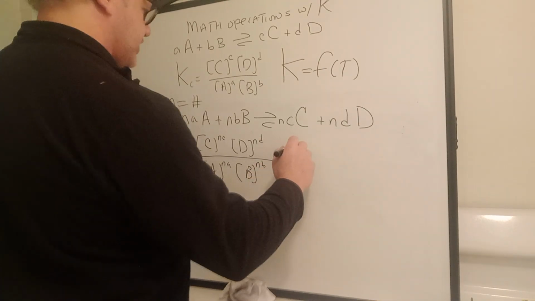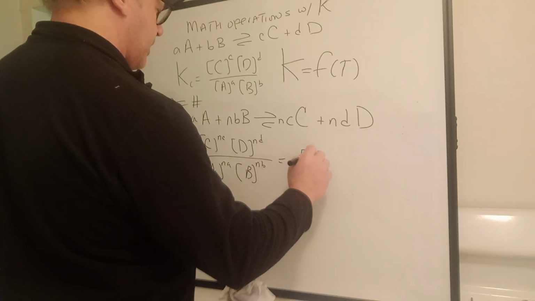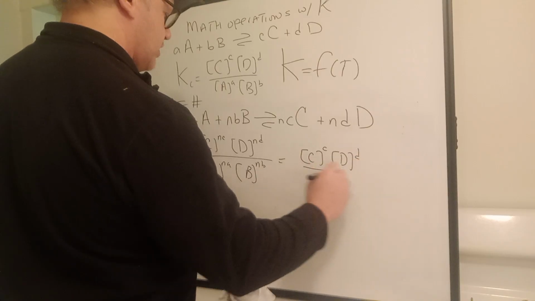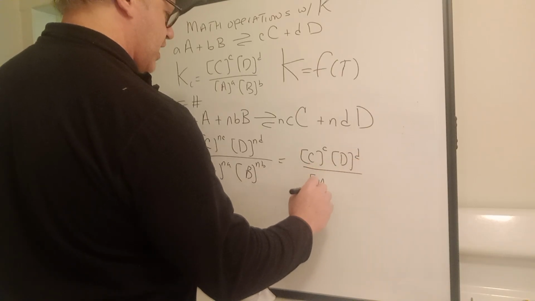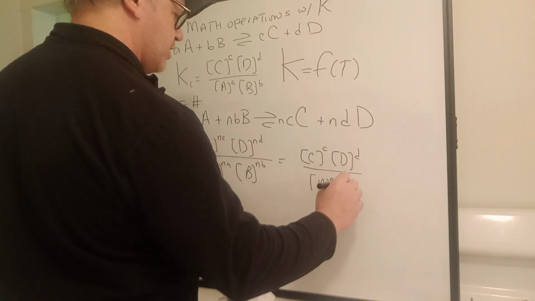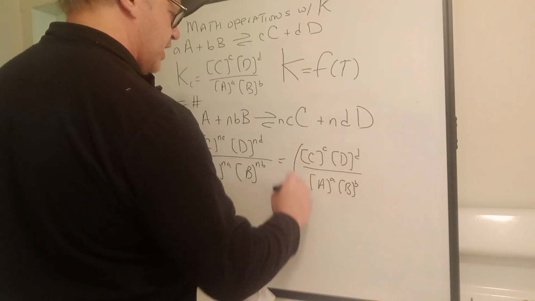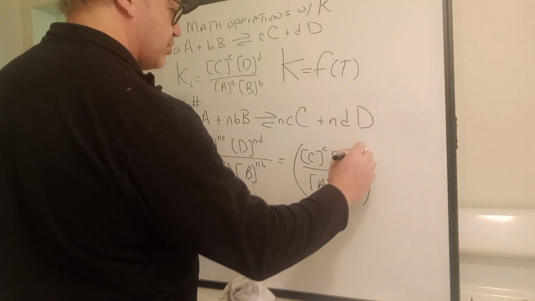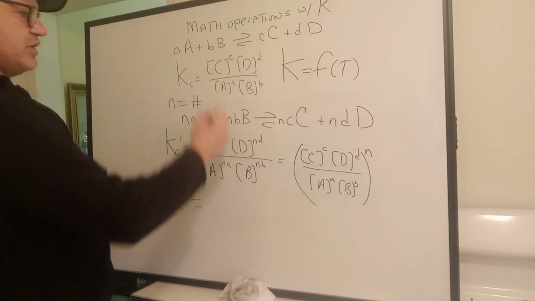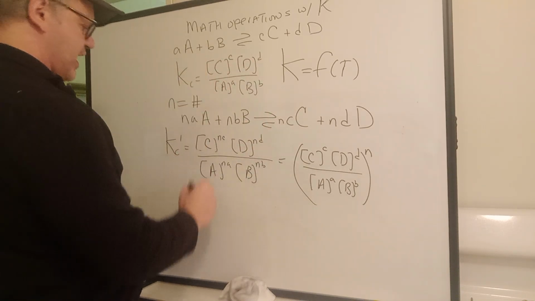We could write this as C to the c, D to the d, A to the a, B to the b, and this is all raised to the n. And that's the same thing as saying this here is Kc.